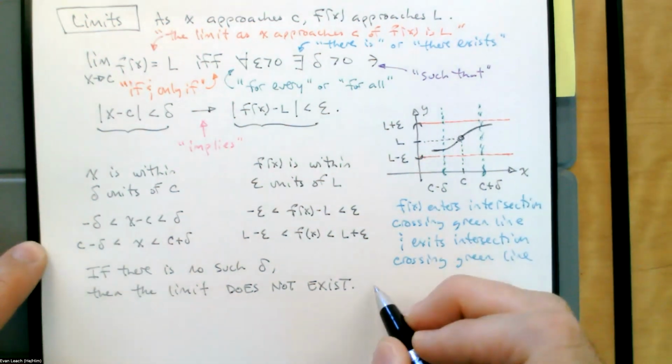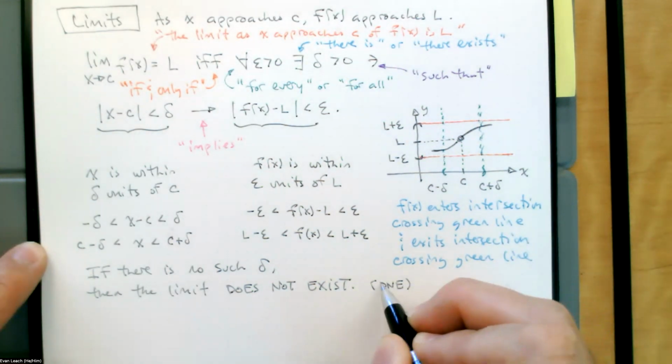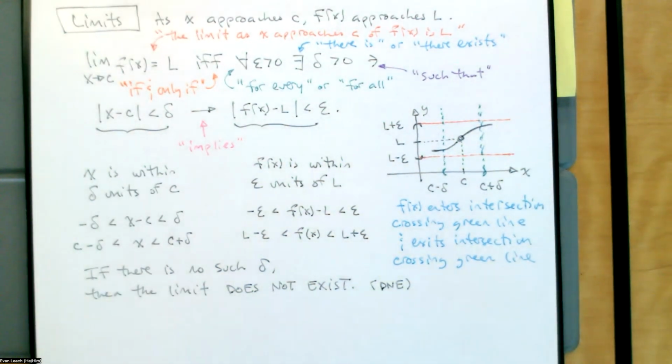Our abbreviation for does not exist is DNE. That is a fairly common abbreviation. If you say undefined, you're incorrect. Does not exist. We have defined an answer. The answer is there is no answer.